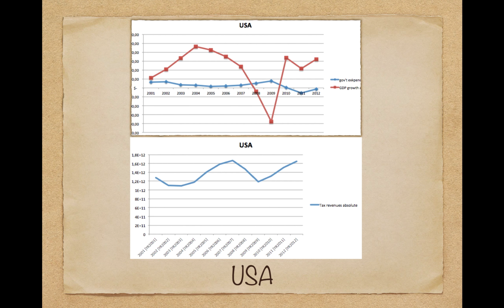Apart from that, we have a period in which it doesn't apply that much, but in which we can say that it could be applicable. That is between 2001 and 2007. Below, we have a tax revenue graph that shows how the taxes were collected in this country during the last 12 years.